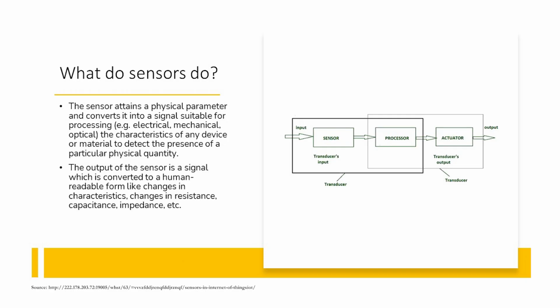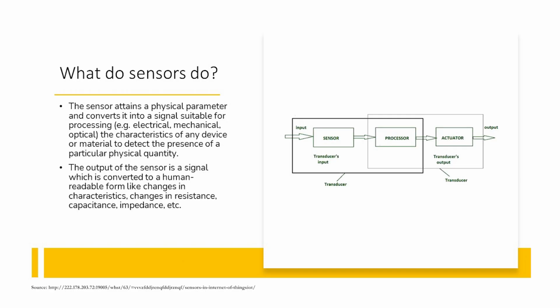So, here is a block diagram that tells you how a sensor works in a real system. A sensor receives the input from the environment or the system where it is, and then it goes through a processor, and after having gone through the processor, it goes into an actuator possibly, and from the actuator you may get some output. There are additional things that you may need to understand the sensor's reading.